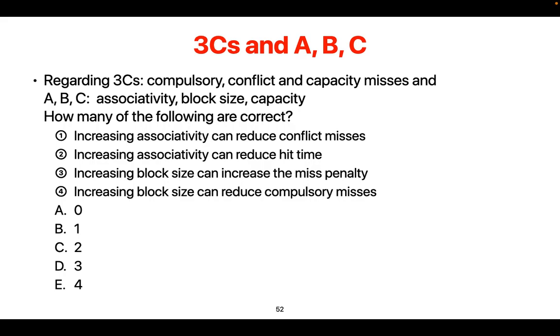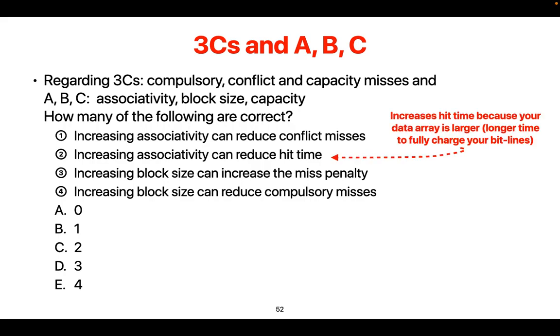You have to check more tags simultaneously, which means that you need to add more boxes within a cycle. So it's going to increase your cycle time. That means every time you perform a cache access, it takes more time, no matter whether it's a hit or a miss. Because whenever you need to check the tags, you need to compare them, you need to multiplex them, there will be an overhead, right?